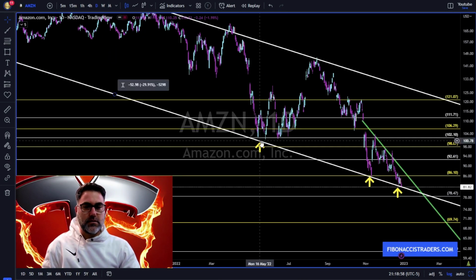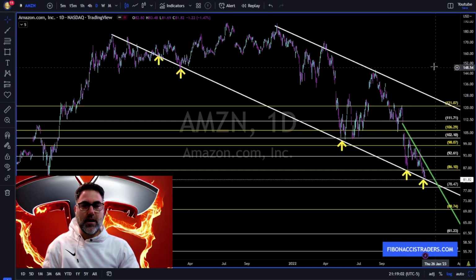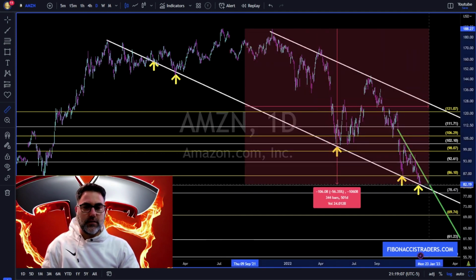Amazon is slowly grinding down on this trend line. Nobody talks about Amazon. Amazon is 53%, 56% down since the November 21 all-time highs.